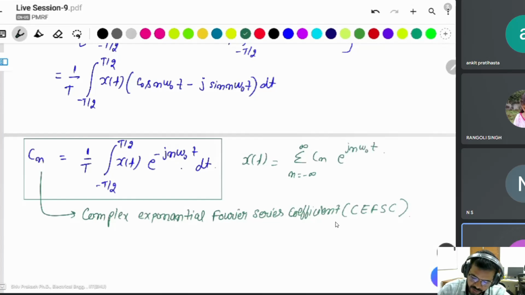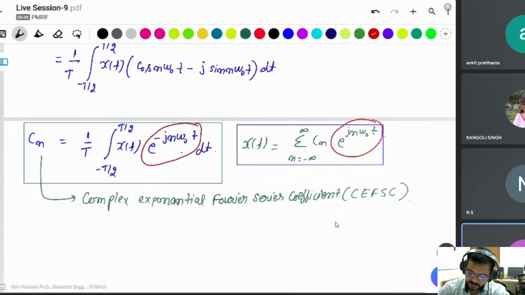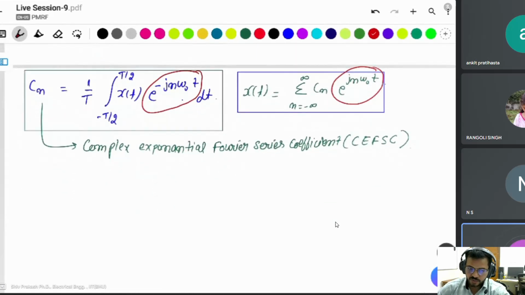Okay. Here this portion is positive, here this portion is negative. You have to take care about these two signs.